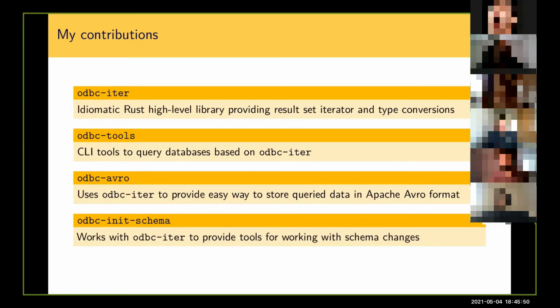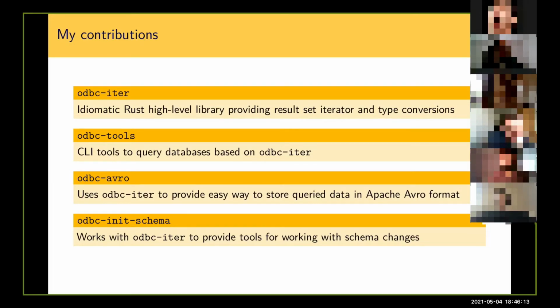There is also odbc-tools, which is basically a simple set of CLI utilities that are built on top of odbc-iter, which can be handy for doing ad hoc queries from scripts, and also for testing the iter thing. There's one called odbc-avro, which I released as part of building the system.